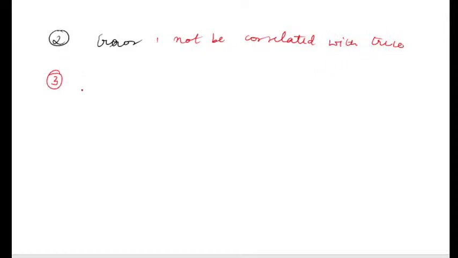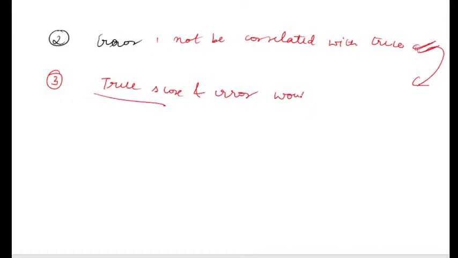The third assumption is that the true score and error would also be uncorrelated. Like we were talking about true ability there, here we are talking about true score. So they are unrelated to each other.